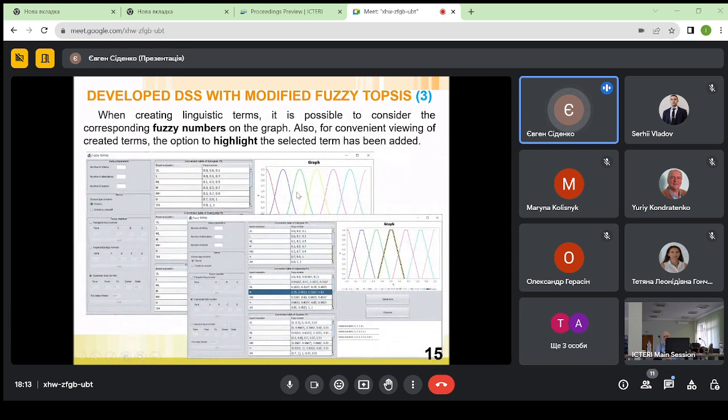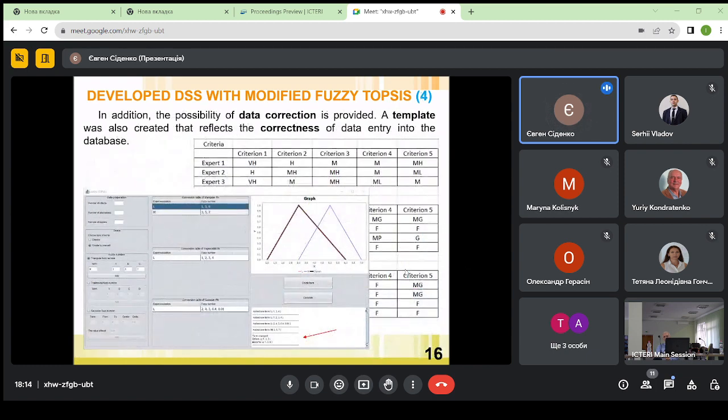When creating linguistic terms, it is possible to consider the corresponding fuzzy numbers on the graph, and for convenient viewing of created terms there is an option to highlight; you can see the selected term has been added. In addition, the possibility of data correction is provided. A template was also created that reflects the correctness of data entry into the database.